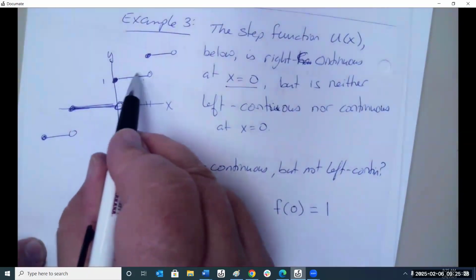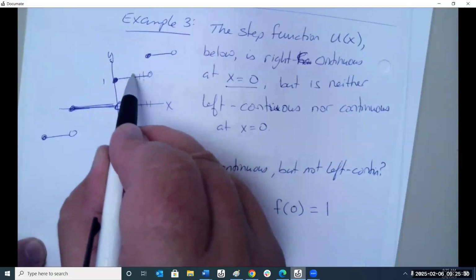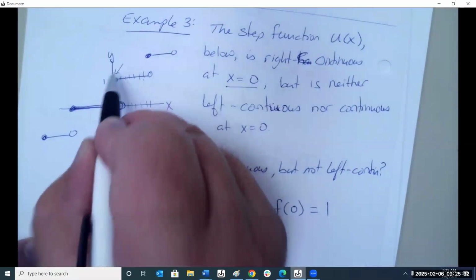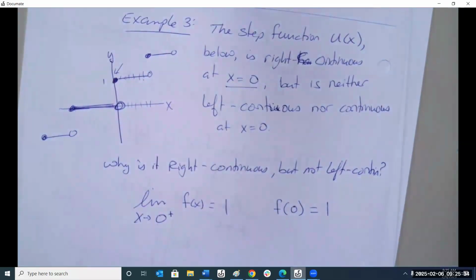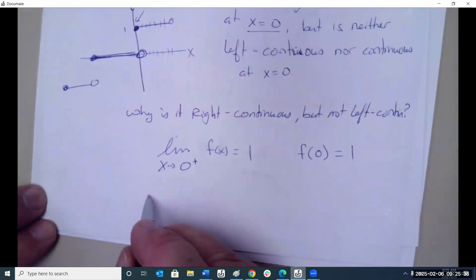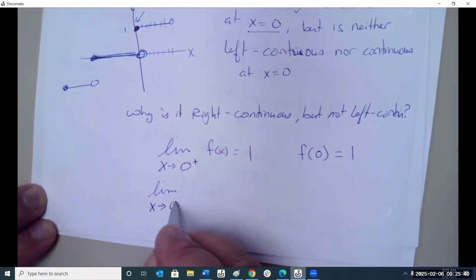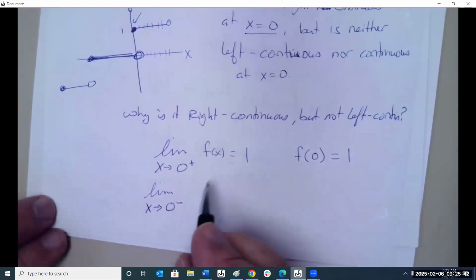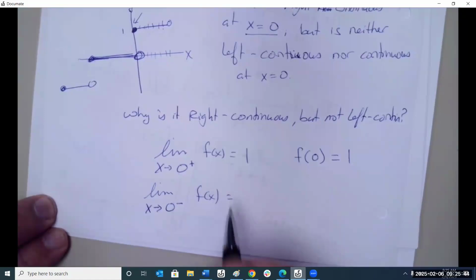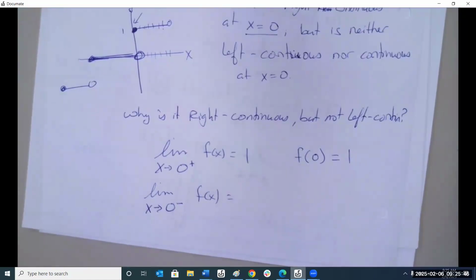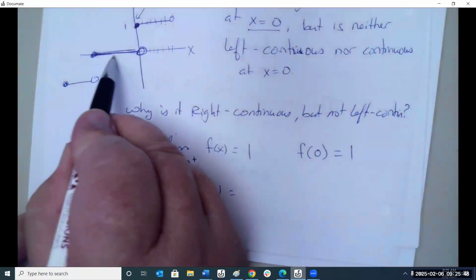It's coming in from the right, and the value it's approaching and the value it is are the same. Is it the same from the left? What is it approaching from the left? It's approaching 0.